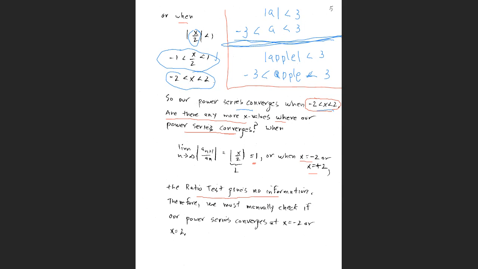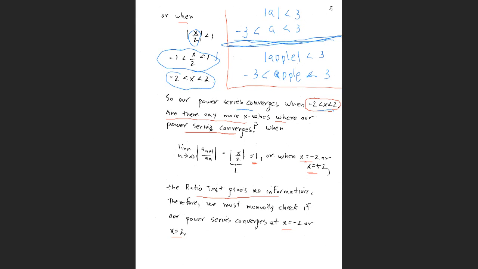But what about when x equals plus or minus 2? We can't use the ratio test to help us there, because the ratio test is going to give us, in the limit, a common ratio of 1. And when the absolute value of x over 2 equals 1, that would happen when x equals -2 or +2. So at those two values of x, I can't use the ratio test to establish convergence or divergence, because the ratio test gives no information.